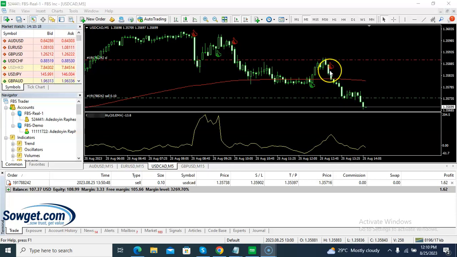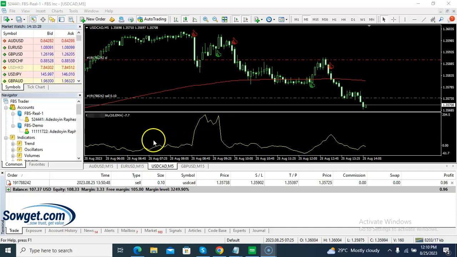Once it gives you the alert, because it will give a sound alert, there are some other conditions that must be met. For example, this one below is a volatility indicator, and it simply tells us whether the market is having enough volatility for us to take the trade, or we should still hold on.